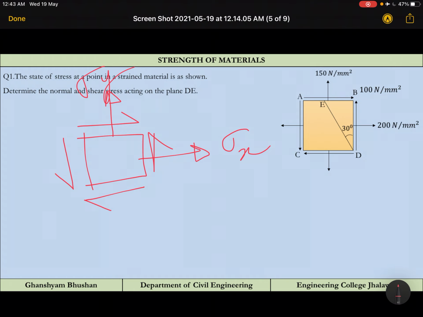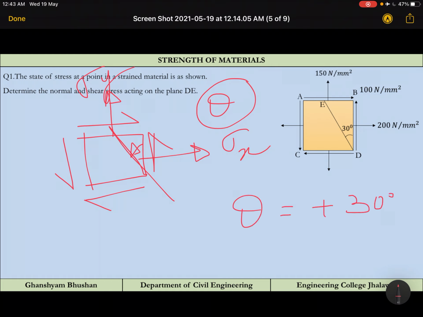Okay, so here you can see the plane is something like this, which is also positive theta. So theta is given as 30 degrees, so this is okay, positive, no need to worry. And by comparing, sigma x is also clear, 200, and sigma y is also in the same direction, 150.